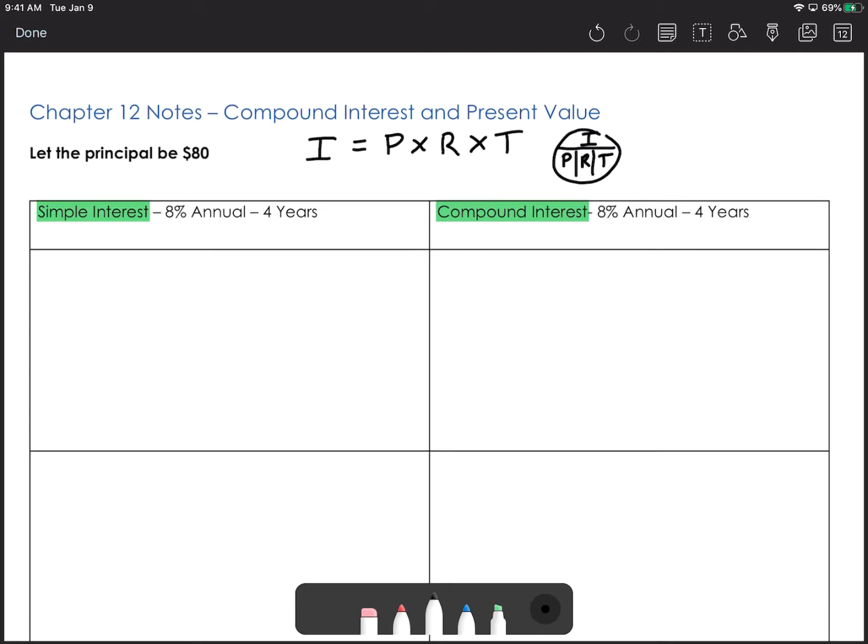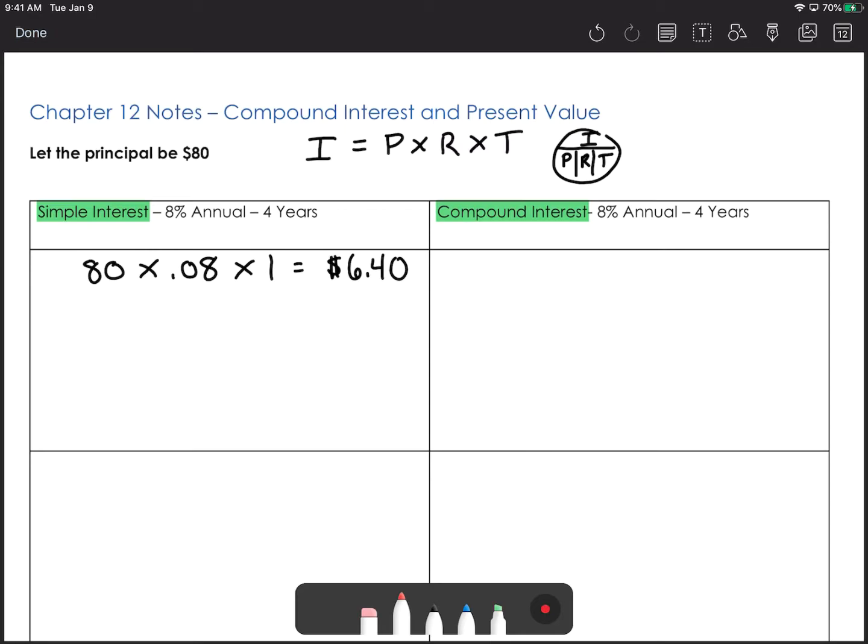So for simple interest, in this column, we're going to start by calculating the interest. So to find the simple interest, I'm going to take the principal times the rate, remembering to put it in decimal form. This is going to be for the first year. When we multiply that together, we're going to get $6.40.